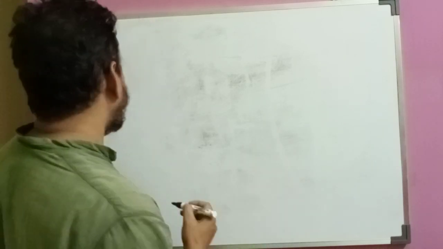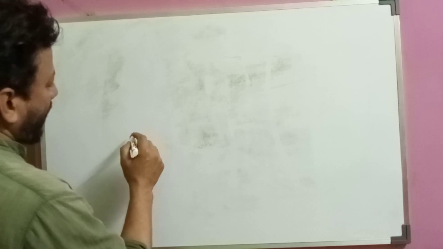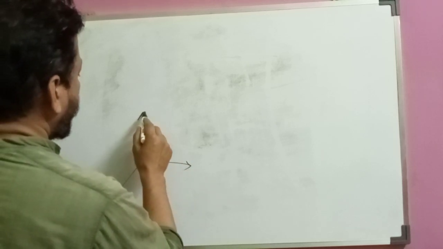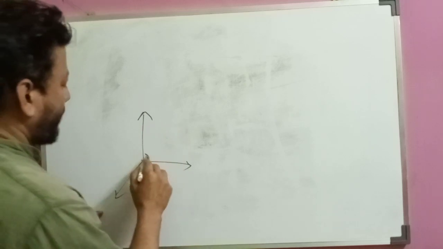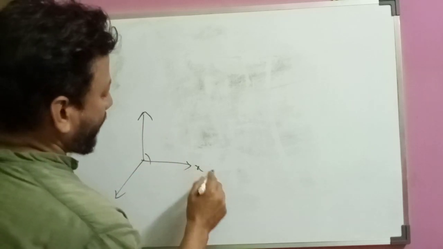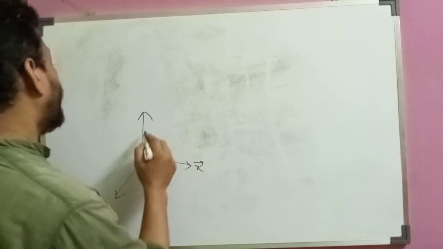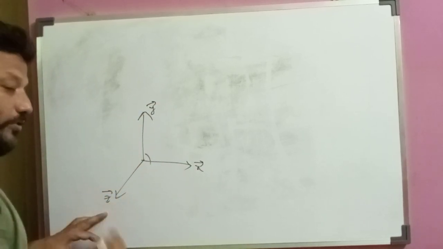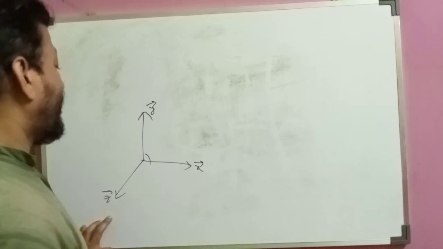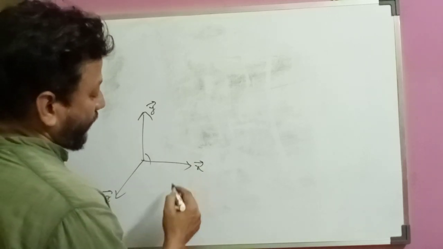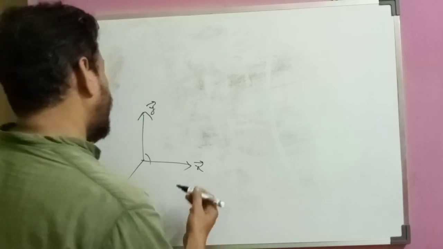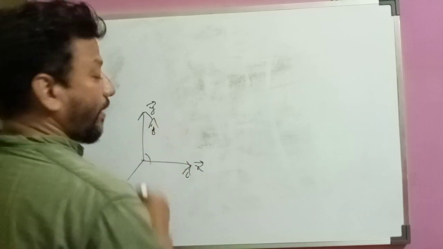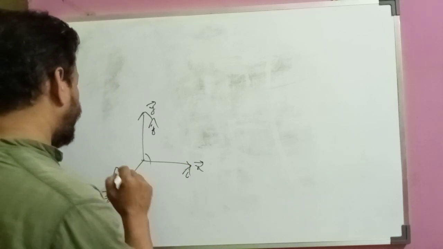As we know, as vectors, what we have learned: this is the x vector, this is the y vector, this is the z vector. Along with this, in vector analysis, we define the compositions of a vector: this is i cap, this is j cap, this is k cap.